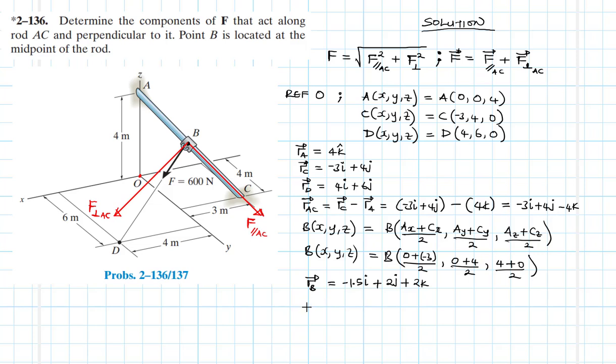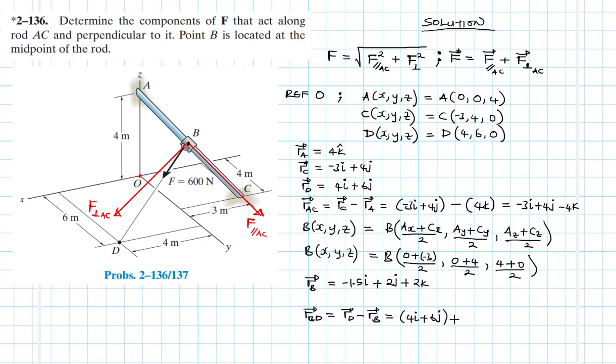So now we can find the position vector RBD. The position vector RBD is going to be equal to RD minus RB. Is that fine? So what is the position vector for RD? We wrote it down. It is 4i plus 6j.